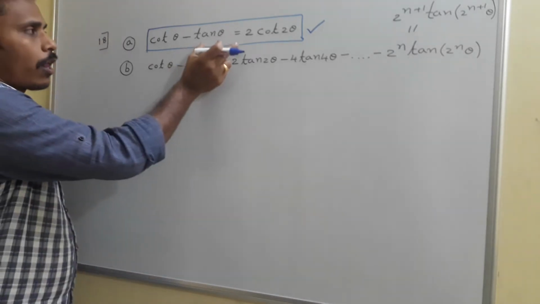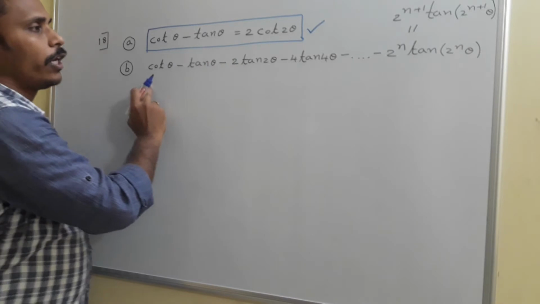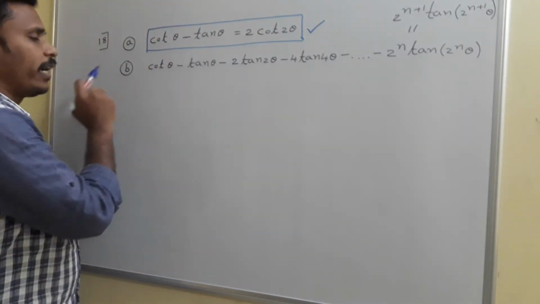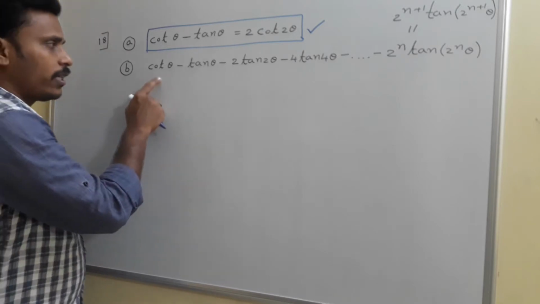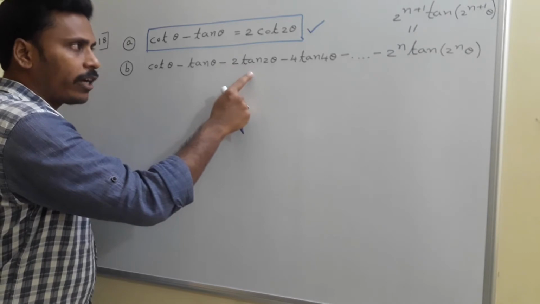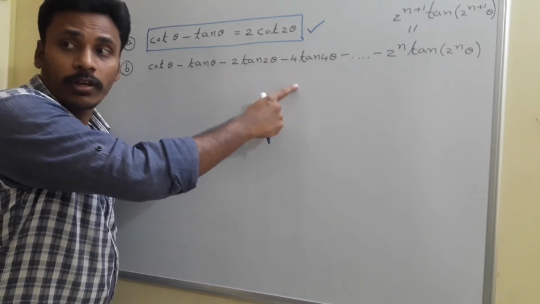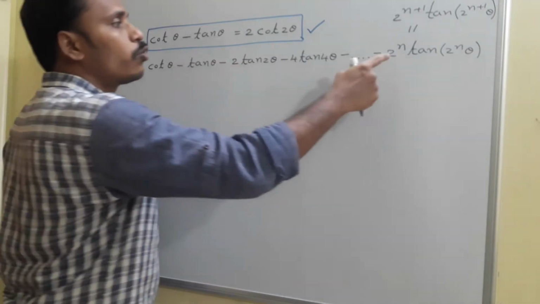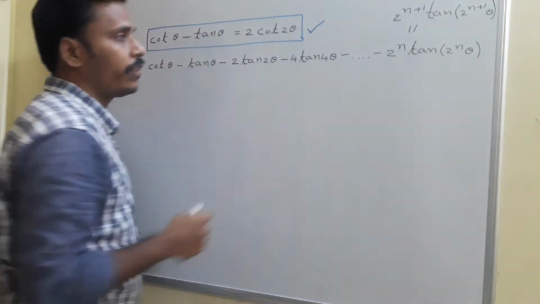Using this particular logic, now we need to prove this statement. Have a look at 18b: cot theta minus tan theta minus 2 tan 2 theta minus 4 tan 4 theta and so on, if you continue like that, up to 2 power n tan of 2 power n theta.